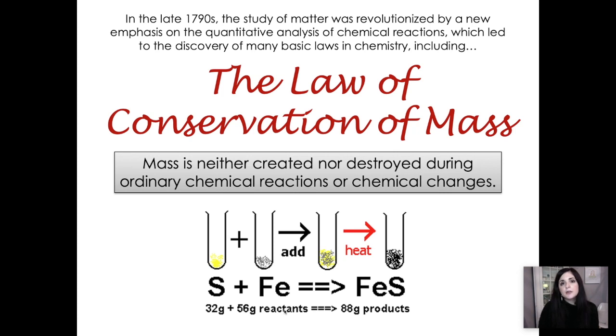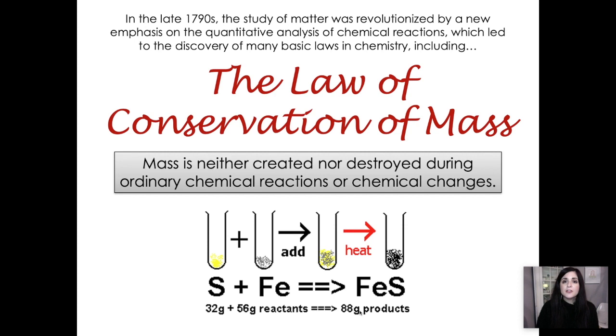In this particular equation, when you add these together and heat them, you will form a totally new substance, and therefore the mass of the product will equal 88 grams. That's because 32 grams of sulfur plus 56 grams of iron will produce 88 grams of product. Of course, that's assuming that all of the reactants react, but again, that's something we're not going to get into.